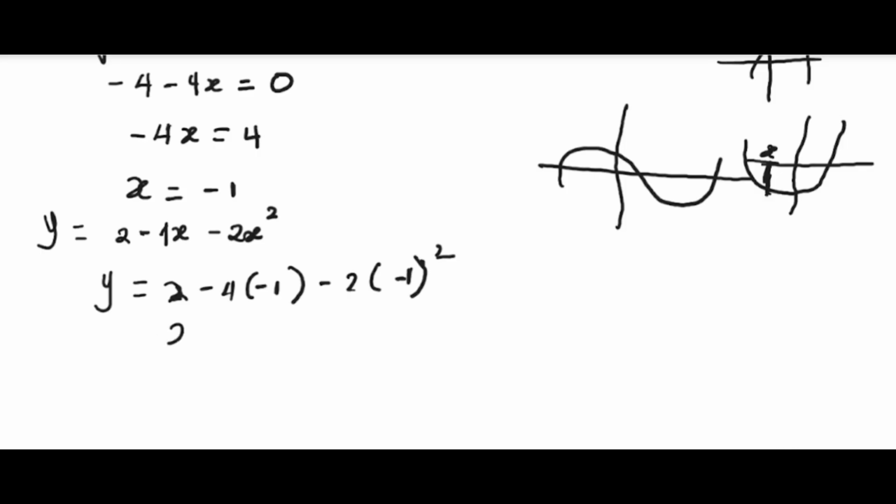So that would mean 2 plus 4, because minus times minus is plus, minus 1 squared will give us 1. 1 times 2, 2. So what is our answer? Our answer is 4.